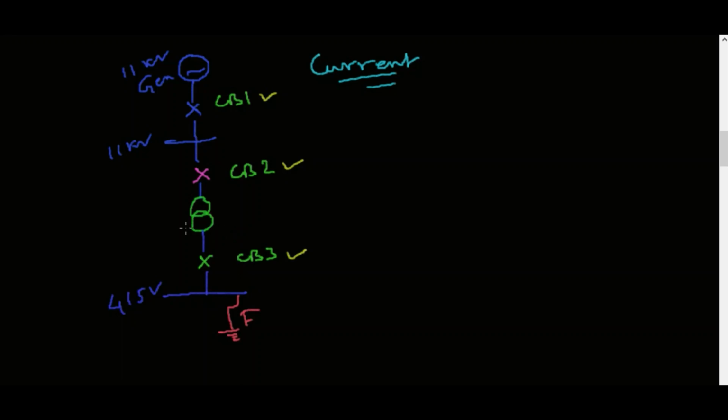Suppose here is the transformer, 11 by 0.415 kV transformer. So by current, the circuit breaker should be set at that point based on this fault current.